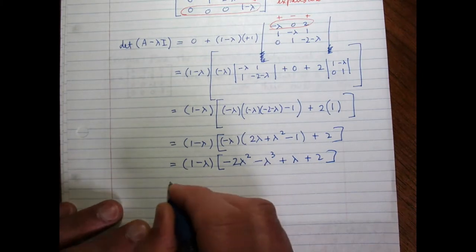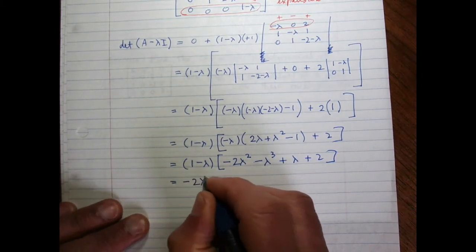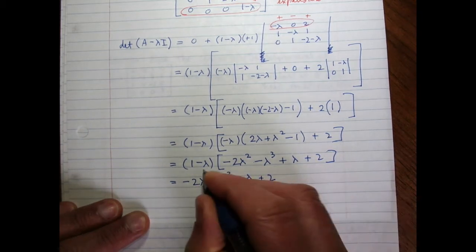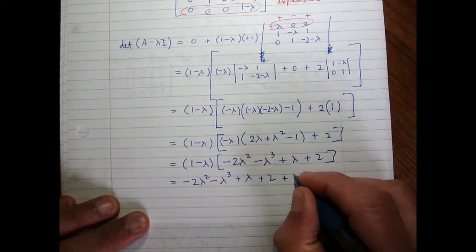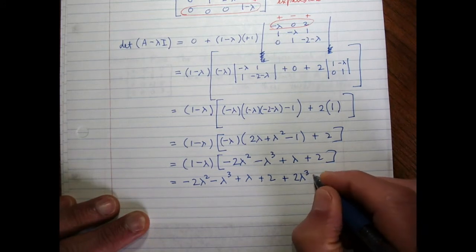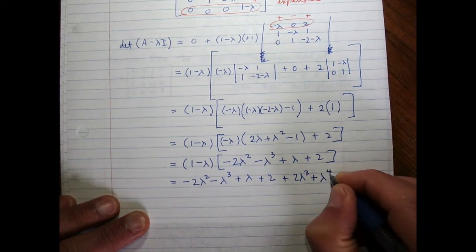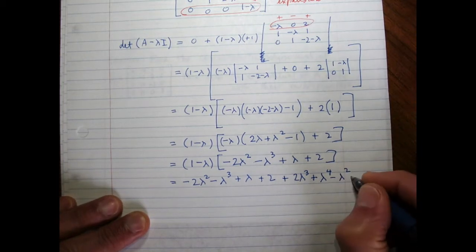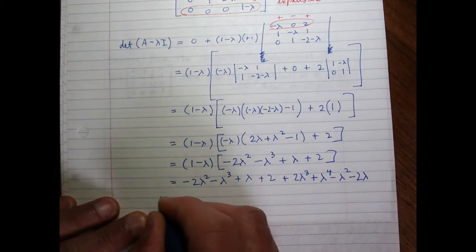Oh, now I've got to distribute. So multiply by 1, multiply by minus lambda fourth, minus lambda squared minus 2 lambda.